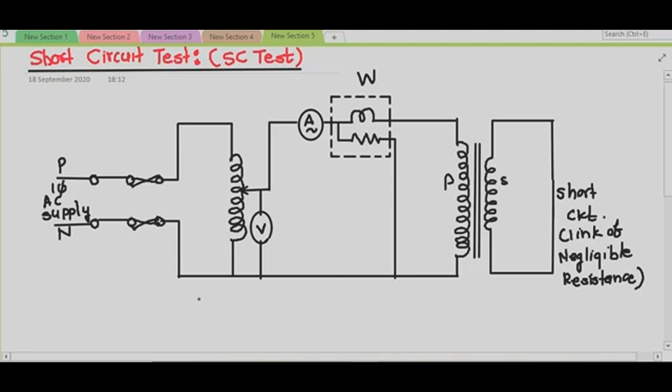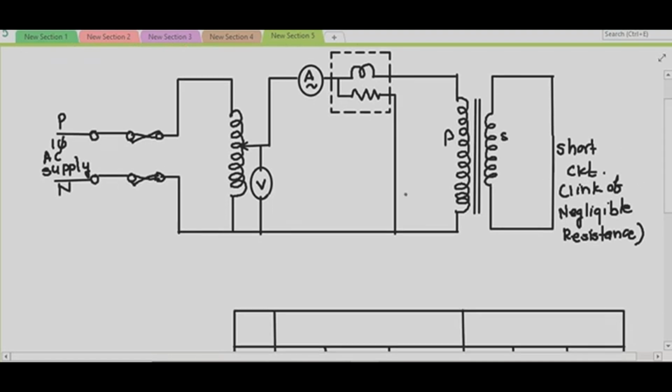The current on the high voltage side of the transformer is less. We know that Ohm's law is not applicable for the transformer because my P in is approximately equal to P out. What is your P in? V1 I1 cos phi 1, right? Equals P out, V2 I2 cos phi 2.